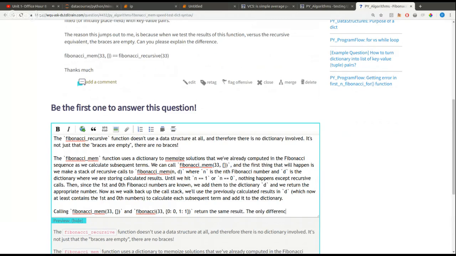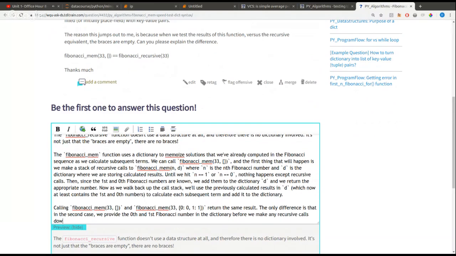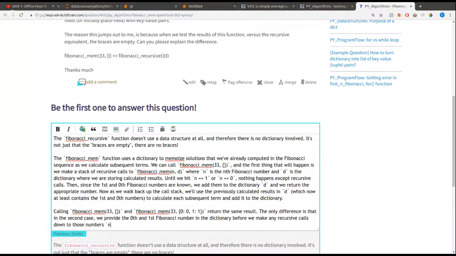The only difference is that in the second case, we provide the 0th and 1st Fibonacci number in the dictionary before we make any recursive calls down to those numbers n.